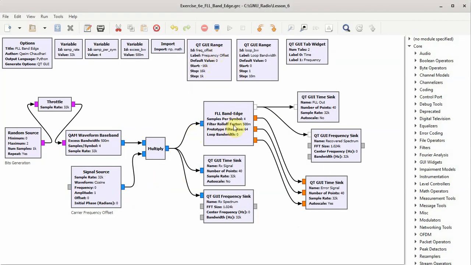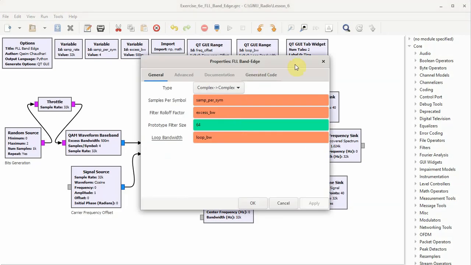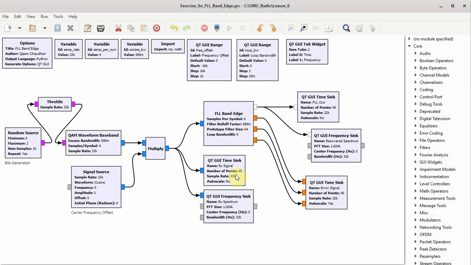The input is given to the FLL band edge block. Other than this, the received signal and the received spectrum are observed here, as well as the FLL output and the recovered spectrum from this output. The frequency, the estimated frequency, the phase, and the error signal are observed through the time sink.